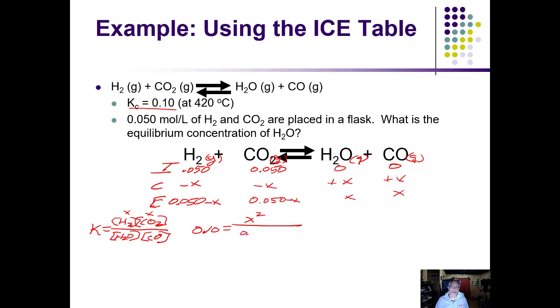So that's going to be 0.050 minus x, and we can square that as well. Now, this would be a fairly ugly algebra problem because we would have to do FOIL, first, outer, inner, and last on this part of the reaction.